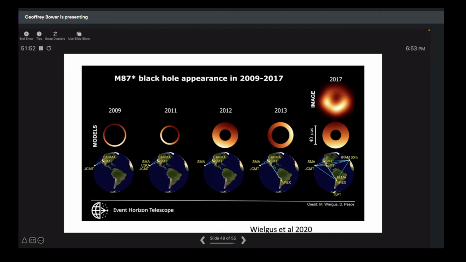M87 and Sagittarius star we expect to be dynamic. In the case of Sagittarius star on the time scale of hours or even less, M87 on longer time scales. And so we are interested in the time domain measurements of these sources.